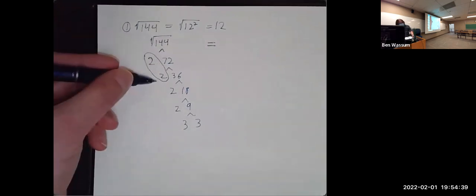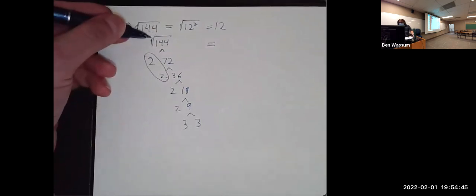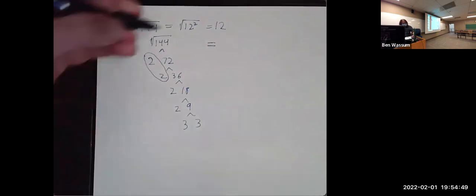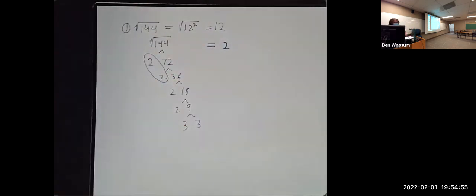Because that's a perfect square, right? 2 times 2, that's a perfect square. Well, I'm square rooting it, right? So what's the square root of a perfect square? Just a 2. Every time I circle something, it's going to come out of the radical. It's going to come out.